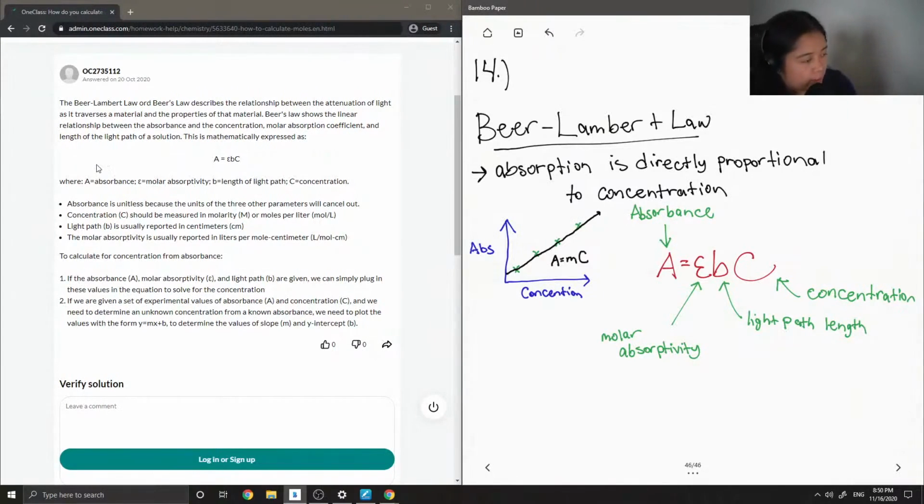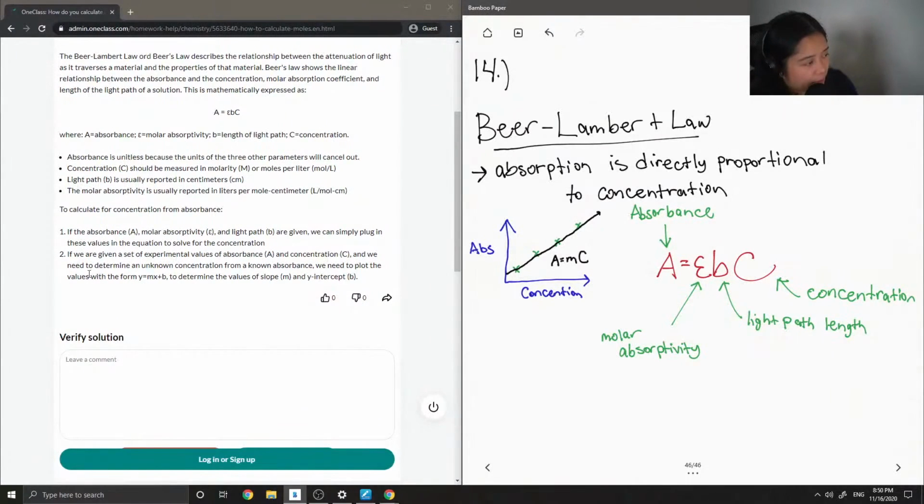To calculate for concentration from absorbance, 1, if the absorbance, molar absorptivity, and light path are given, we can simply plug in these values in the equation to solve for the concentration. 2, if we are given a set of experimental values of absorbance and concentration, and we need to determine an unknown concentration from a known absorbance, we need to plot the values with the form y equals mx plus b to determine the values of slope and y-intercept.